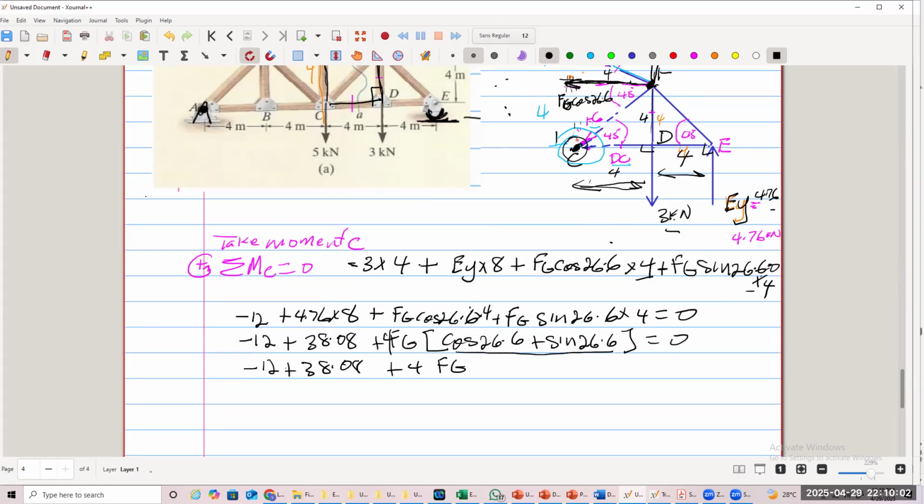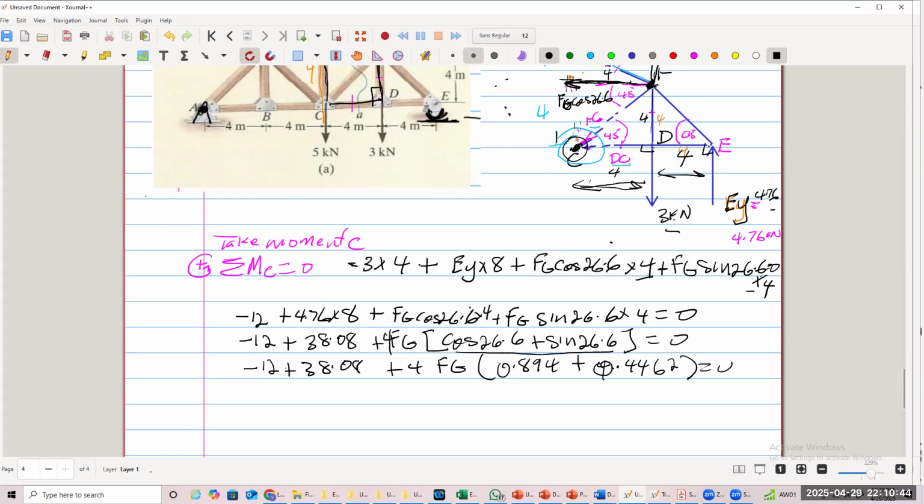What is cos 26.6? It gives me 0.894. Plus what? Sine 26.6 gives me 0.446.